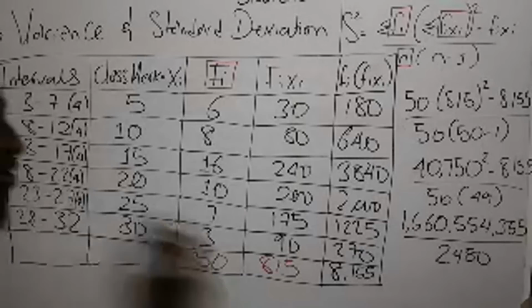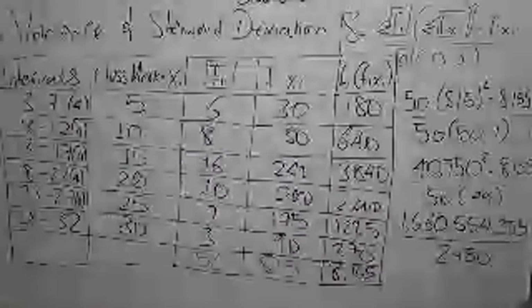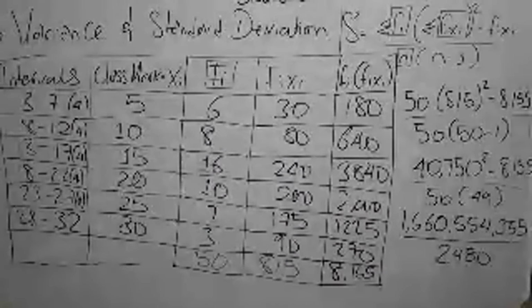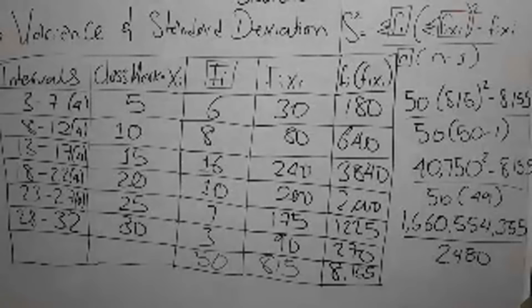Awesome. So let's divide this. Let's see what we have. That's 1,666,544 naira. That's 1,660,000.